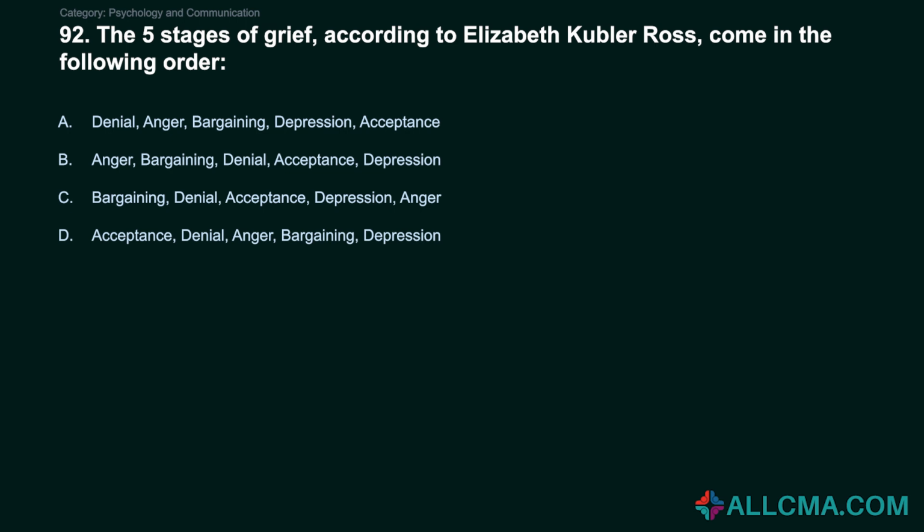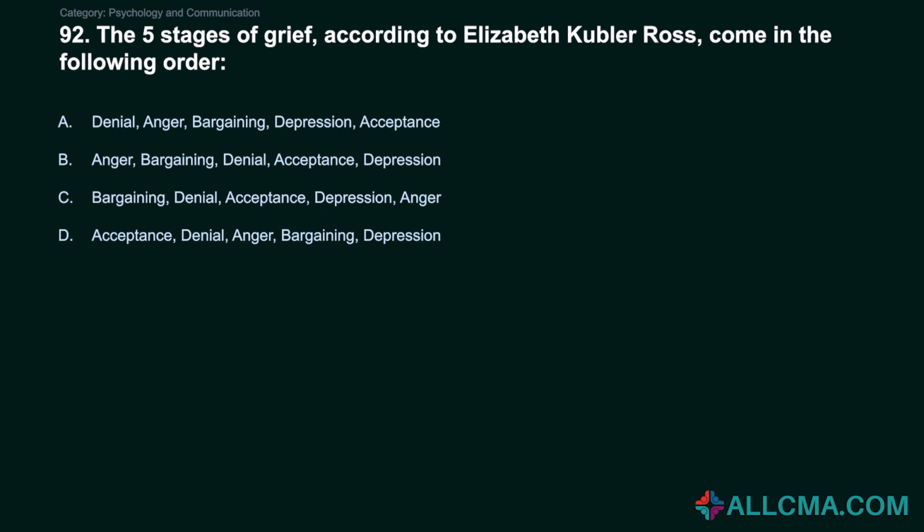92. The 5 stages of grief, according to Elizabeth Kubler-Ross, come in the following order. A. Denial, anger, bargaining, depression, acceptance. B. Anger, bargaining, denial, acceptance, depression. C. Bargaining, denial, acceptance, depression, anger.